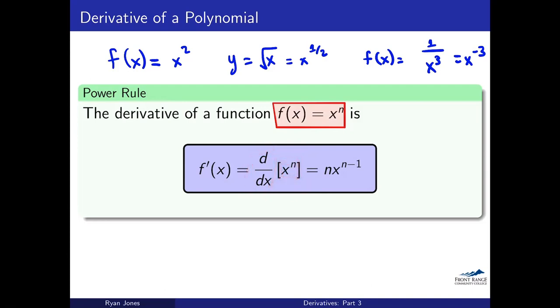If I were just to write f prime of x, you have no idea what f actually is. If I were to write df dx, you still don't know what f is. But if I write d dx of my function and actually write out what it is, then you can see, hey, that's my function. I know what I'm taking a derivative of. That's the only reason I use this notation.